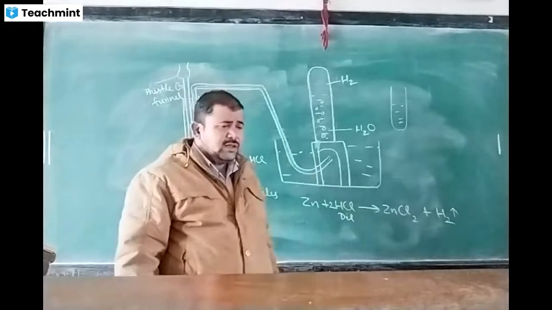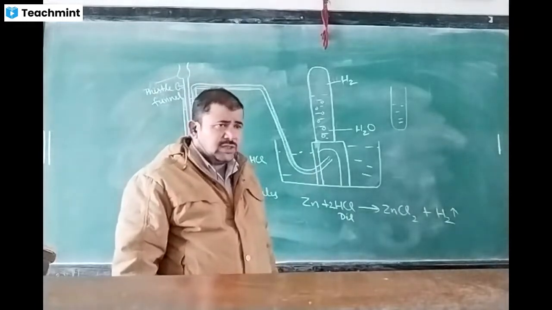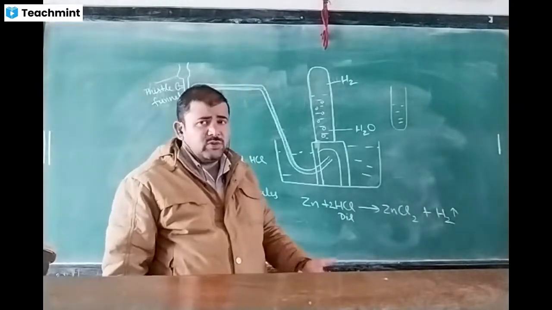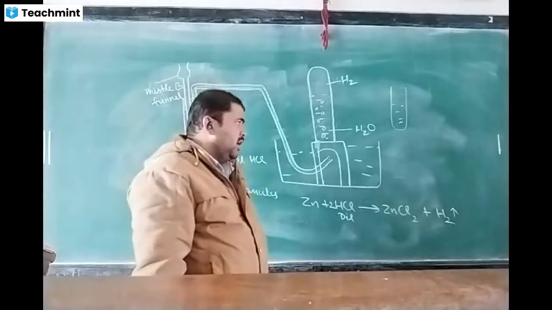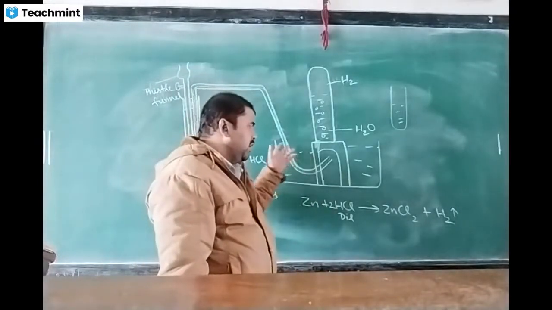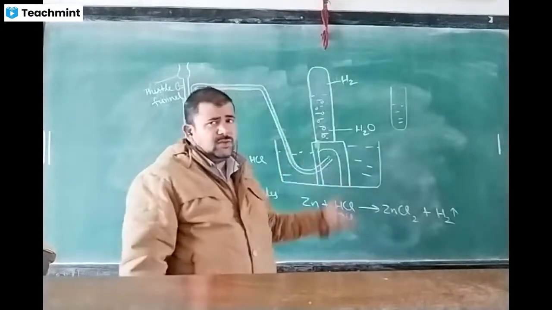We are not collecting the hydrogen by the downward displacement of oxygen, because hydrogen reacts with the oxygen and makes an explosive mixture with air. We will collect the hydrogen by the downward displacement of water, because hydrogen solubility is very less in water.